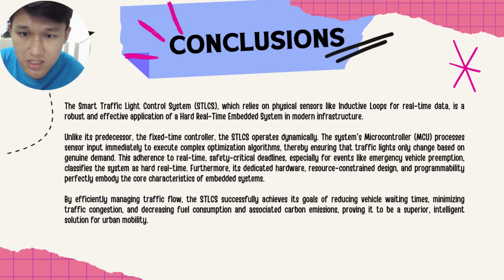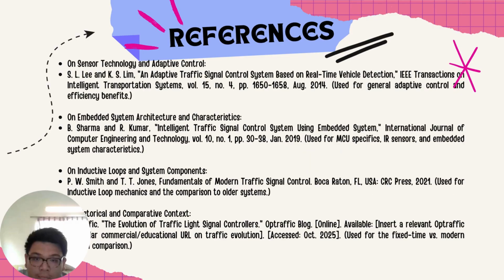By efficiently managing the traffic flow, the STLCS successfully achieves its goal of reducing vehicle waiting time, minimizing traffic congestion, and decreasing fuel consumption and associated carbon emissions. It proves to be a super intelligent solution for urban mobility.